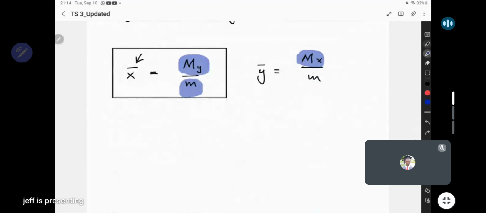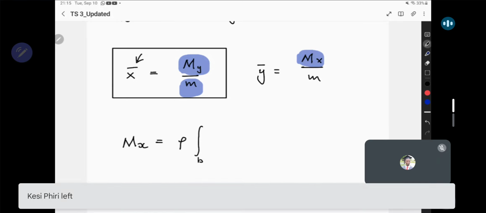To find the moment about the x-axis, here are the formulas that you need. So if you're trying to get the moment about the x-axis, this is going to be the density and then the integral. In terms of the boundary here, it's up to you how you're going to assign this. For the formula we're going to say from B to A, but basically anything is fair game.